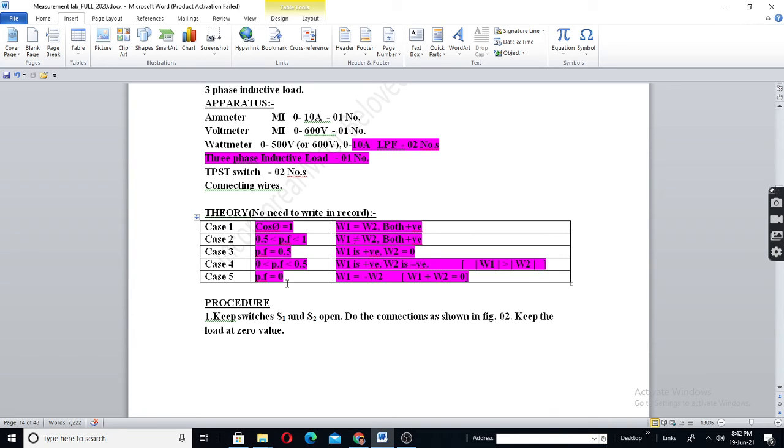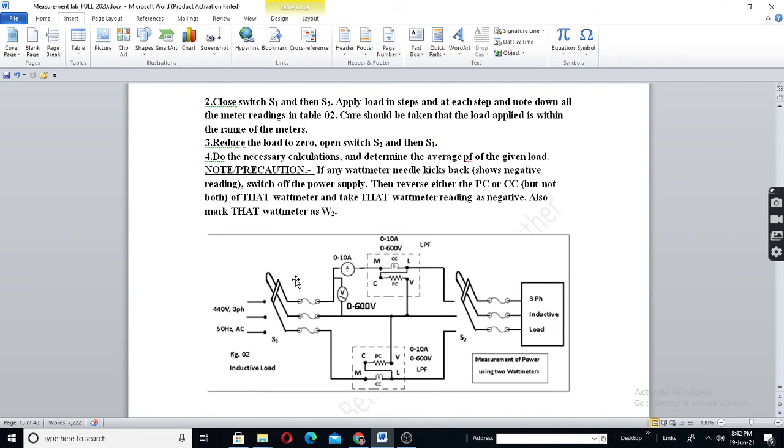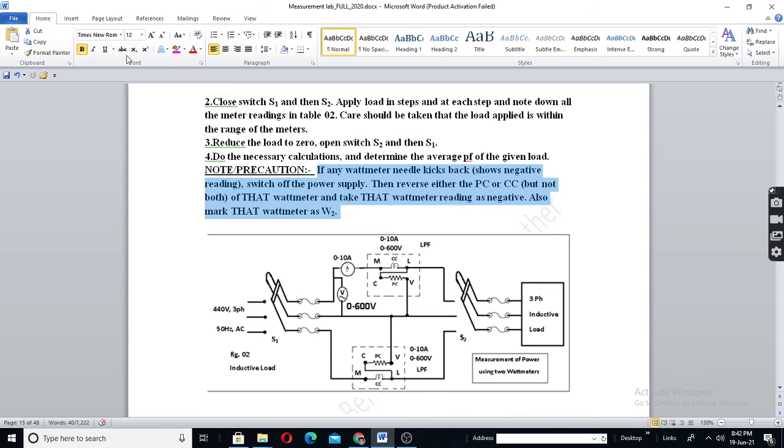When power factor becomes lesser than 0.5, the deflection torque in the instrument will become negative and the wattmeter needle will kick back, means it will give negative reading. If any wattmeter needle kicks back, switch off the power supply. Then reverse either its current coil or potential coil.